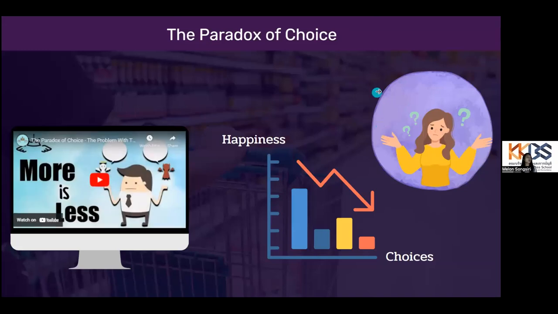The paradox of choice is an observation that having many options to choose from, rather than making people happy to ensure they get what they want, can cause them stress and problems in decision making.